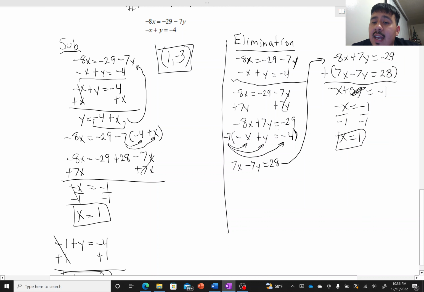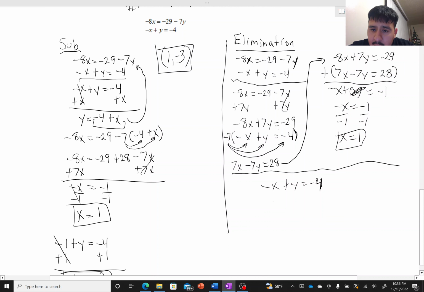Next up, I'm just going to take this x value and plug it into my second equation. So I'm going to cover this so that I know I'm doing other work on the bottom. I get negative x plus y is equal to negative 4. So I'm just going to plug in x is equal to 1.